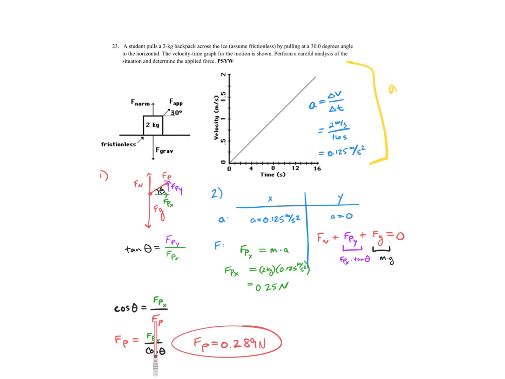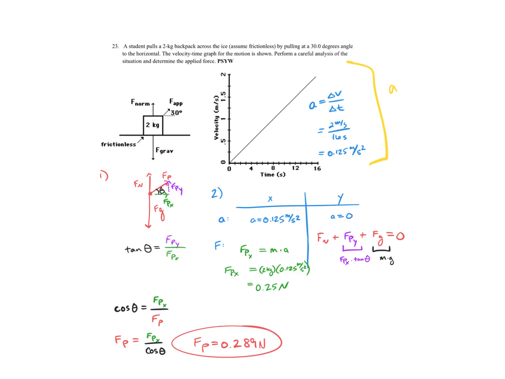And so if you need to solve for Fp, the hypotenuse, you just cross multiply. So Fp equals the adjacent divided by the cosine of the angle. And if you do this math on your calculator, this is the number you should end with.